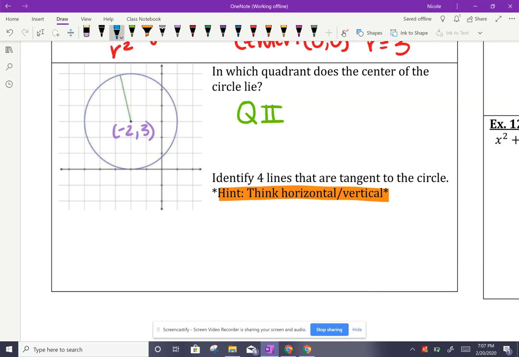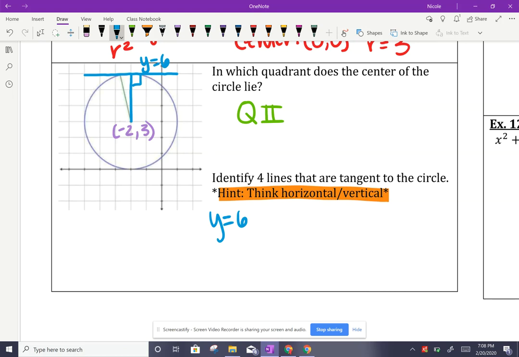At the top of your circle, you can have a line that is horizontal and brushed over the top. Perpendicular to your radius. And the equation of that line, it's horizontal, so that means it's y equals, and we are at 3, 4, 5, 6.